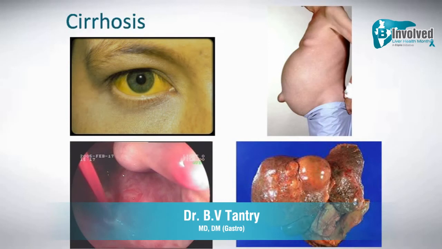The major cause of cirrhosis is hepatitis B and C virus all over the world, including India. Apart from these viruses, alcohol is another important cause of cirrhosis of liver. And sometimes, even after a lot of investigations, we may not be able to find any cause for the cirrhosis.